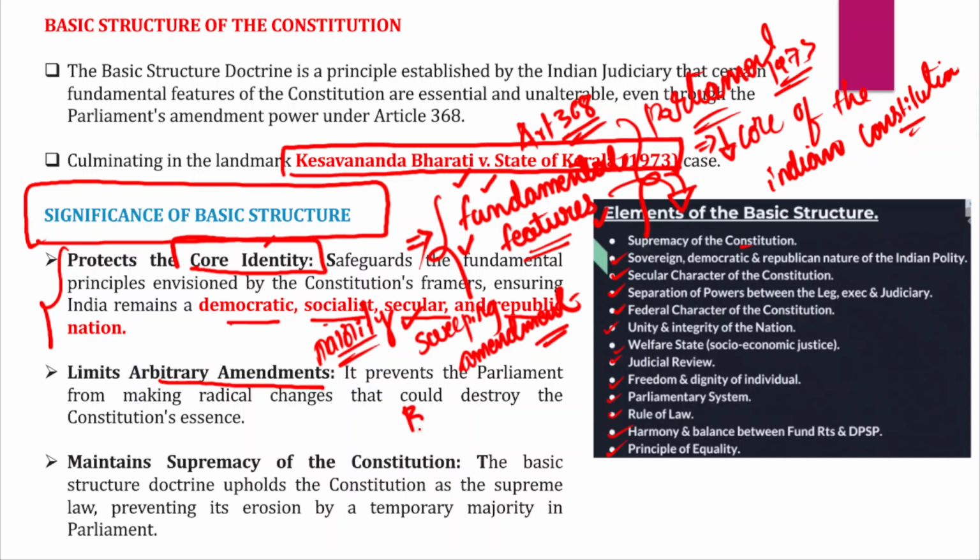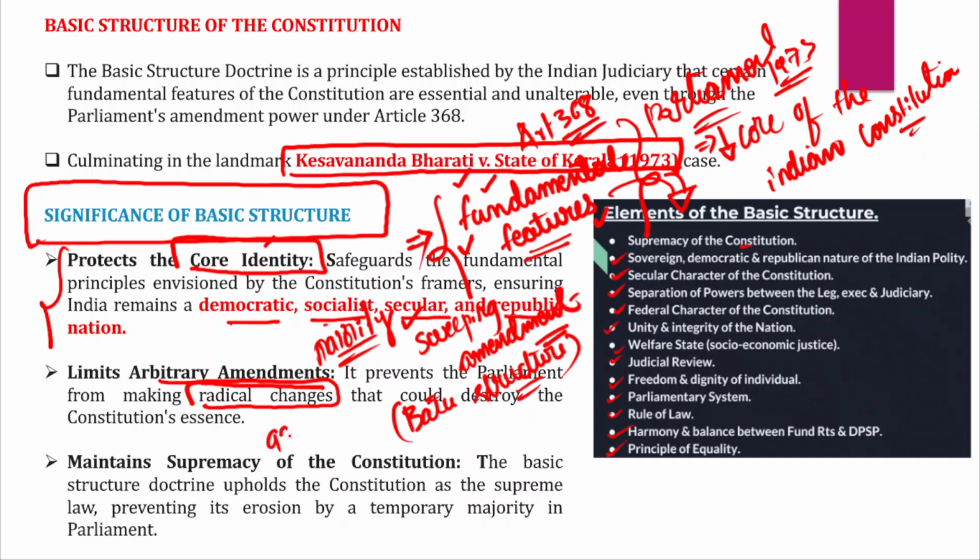But this basic structure doctrine is limiting the amending power of the parliament with respect to these fundamental principles. Parliament cannot make radical changes to the Indian Constitution. So that is how the basic structure doctrine is considered the guardian of the Constitution.